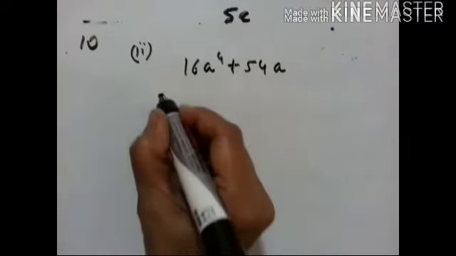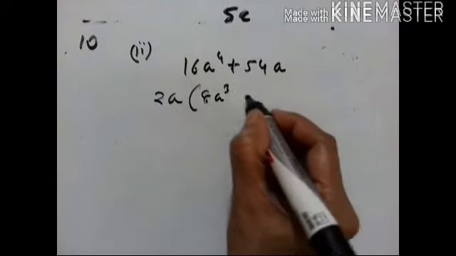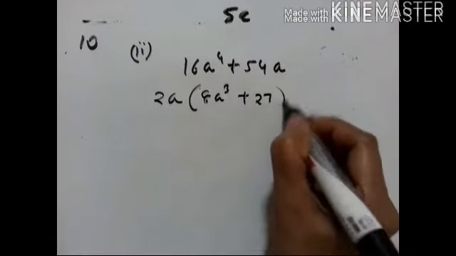Here 2a is common. What is left? 8a cube plus 27, a has gone out.